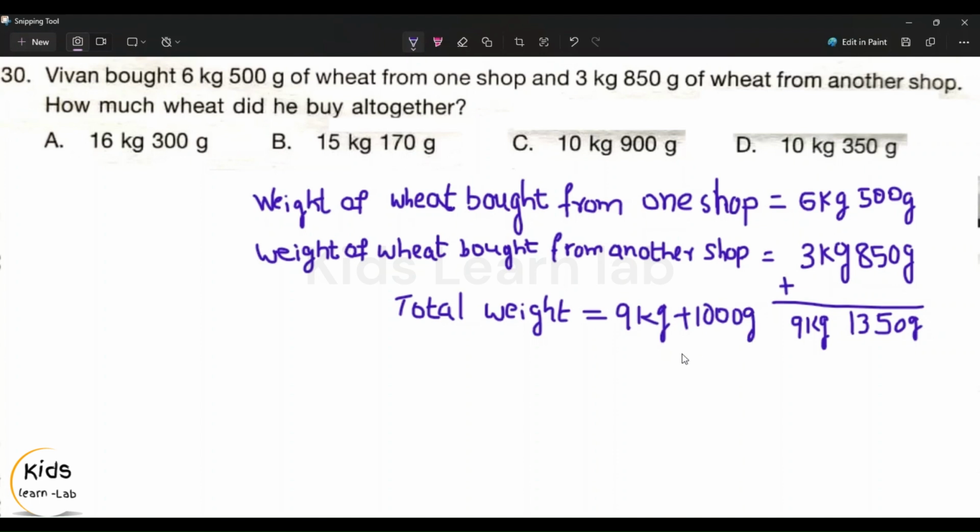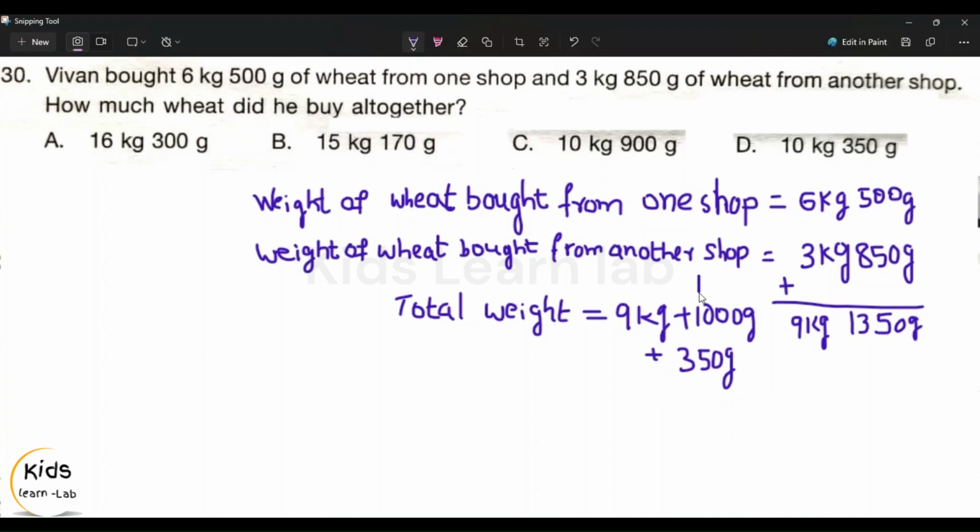So 1350 grams can be written as 1000 grams plus 350 grams. So total weight is equal to 9 kg plus 1000 grams plus 350 grams.